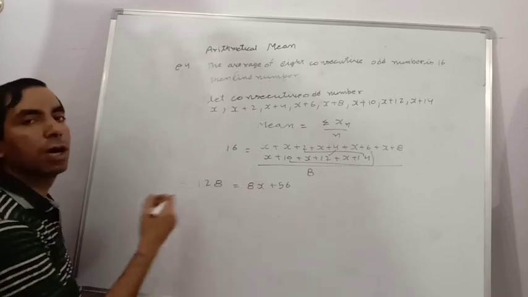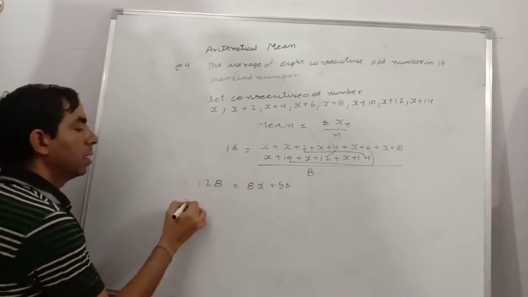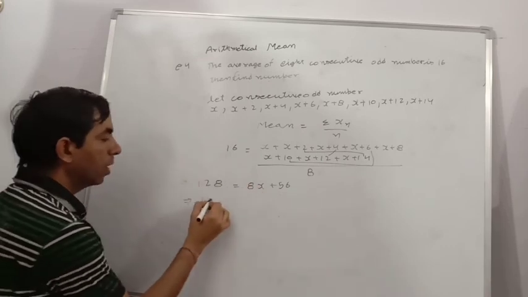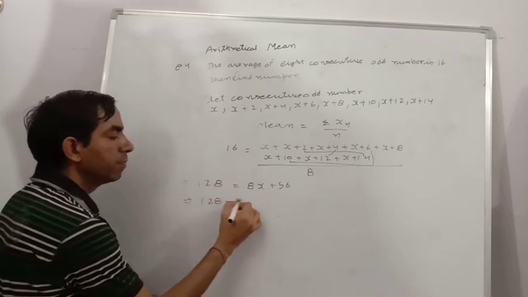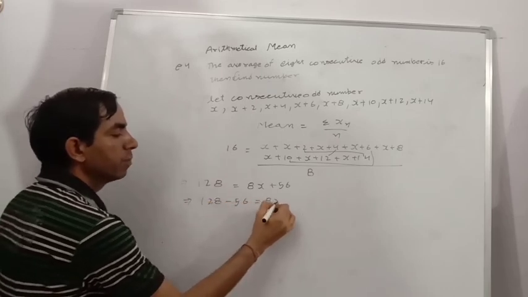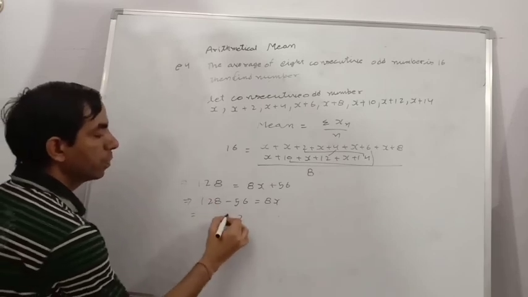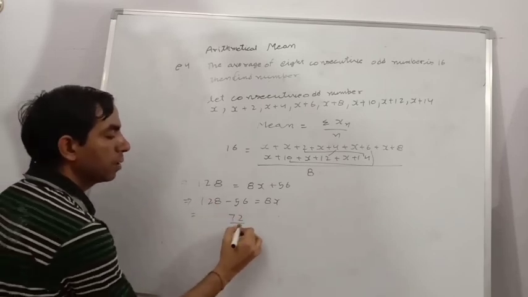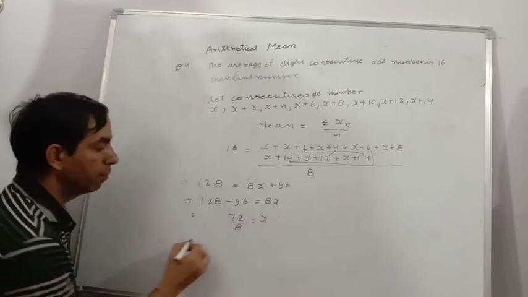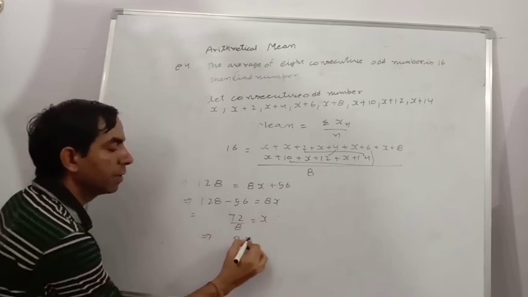So now we take all the numbers to one side and the alphabet to the other side. So 128 minus 56 equals 8x. Subtract it, then we get 72 upon 8, x, which means our answer is 9.